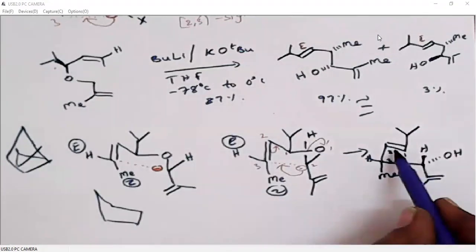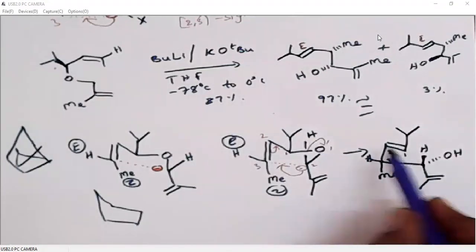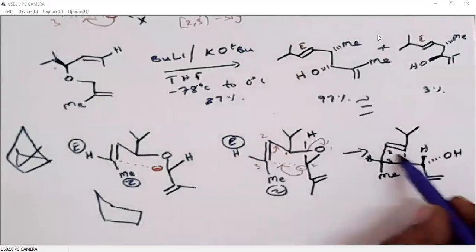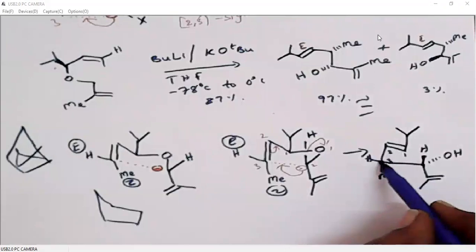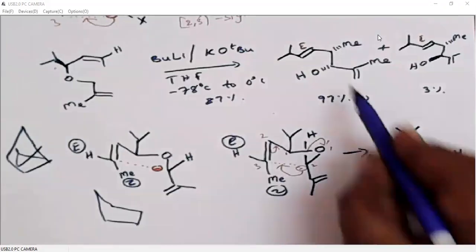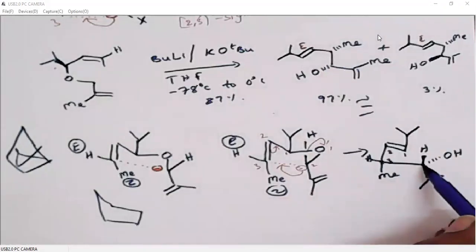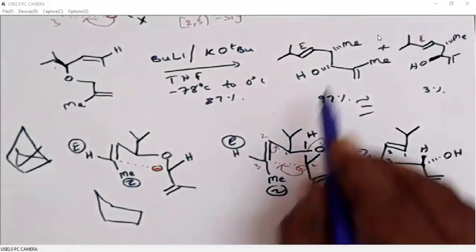See, as I said, it is always E double bond. We have isopropyl group on the E double bond. Then we have hydrogen above the plane, methyl below the plane. In this, the alkyl group is in the plane, hydrogen above the plane, OH below the plane.